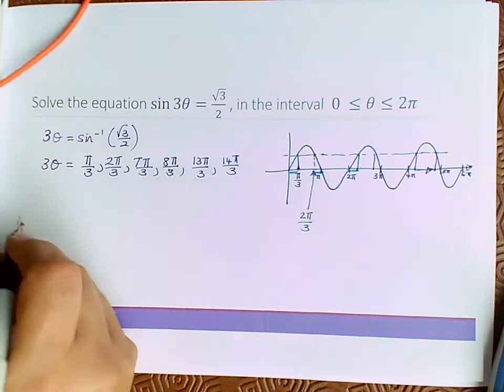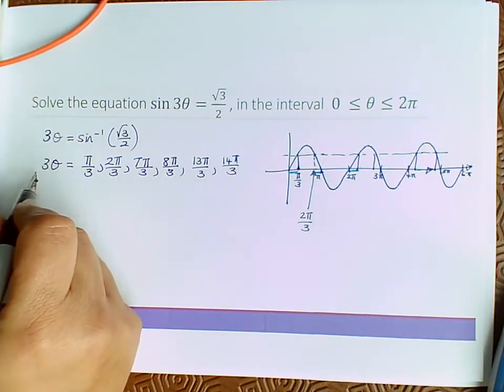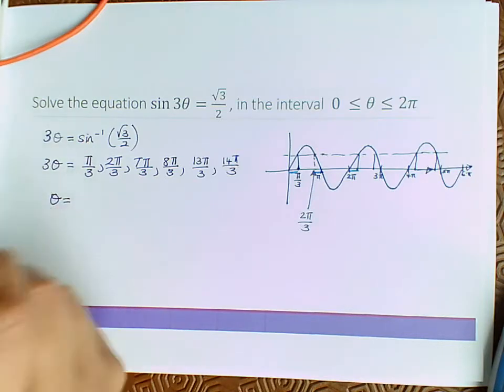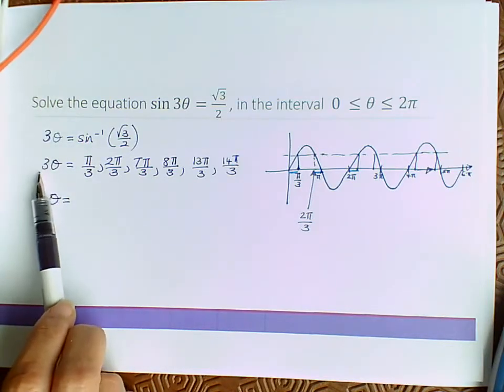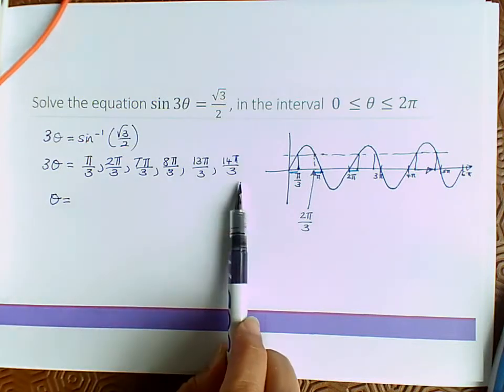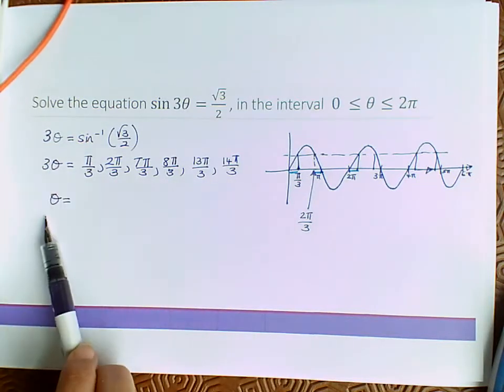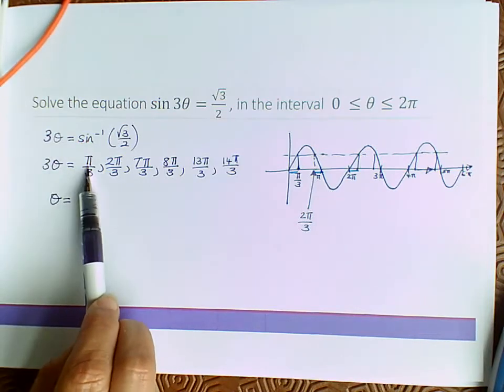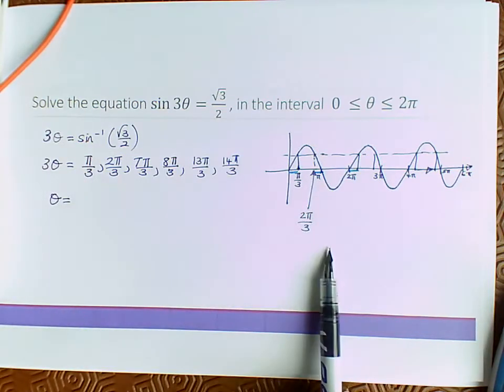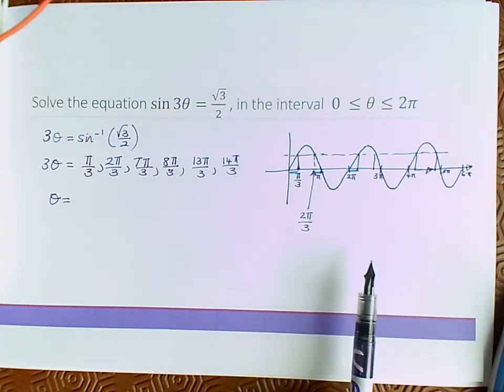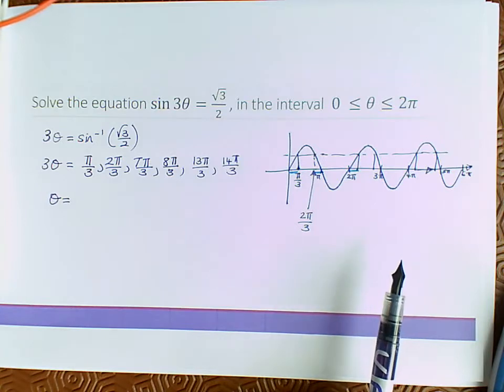And then I must work out what theta is. Now, I'm just going to say this again. We work out all the solutions for 3 theta, and then we divide by 3. We don't work out one, divide by 3, and then work out the rest. If you look in the textbook, I believe it shows you a way of doing this.